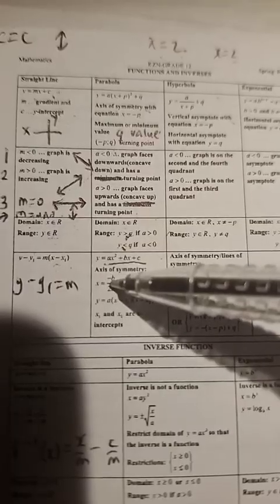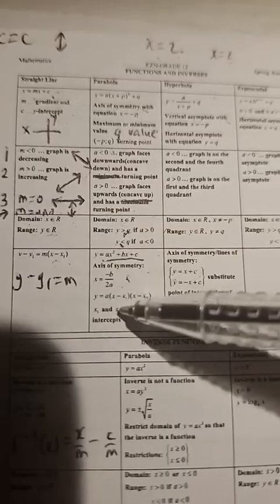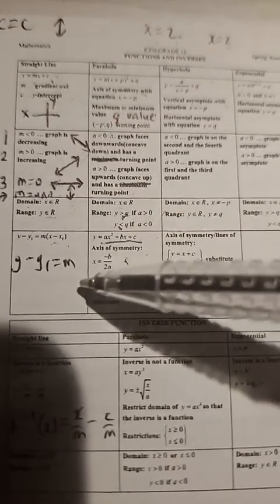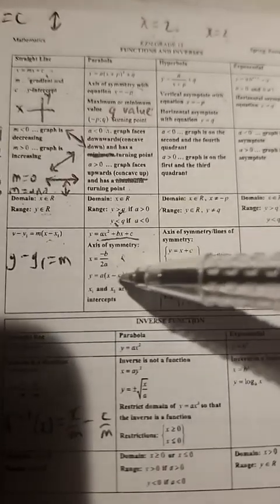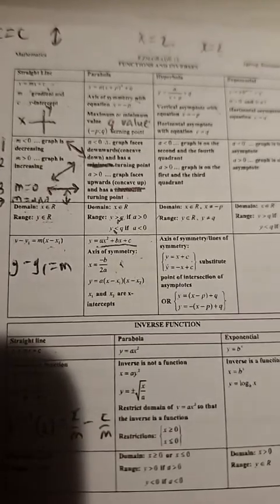By using the formula x equals minus b over 2a, which is an important formula that we need to know: x equals minus b over 2a. Then we always use this other form whenever we want to find the equation of a parabola and we are given two x-intercepts and one other point.